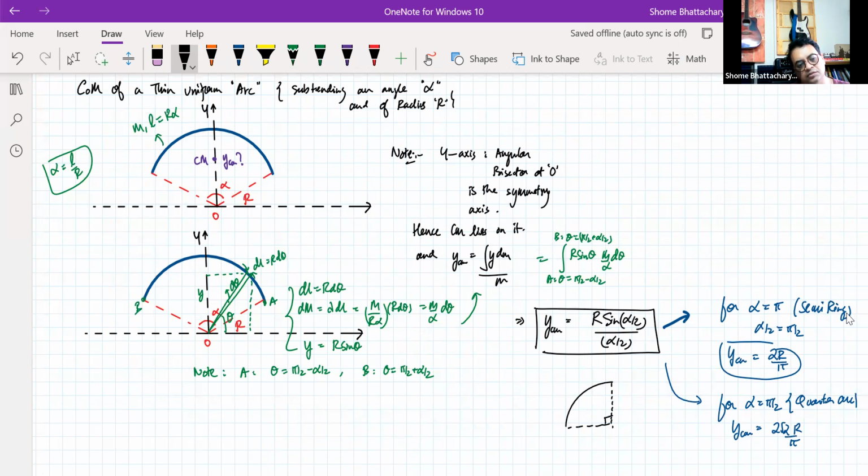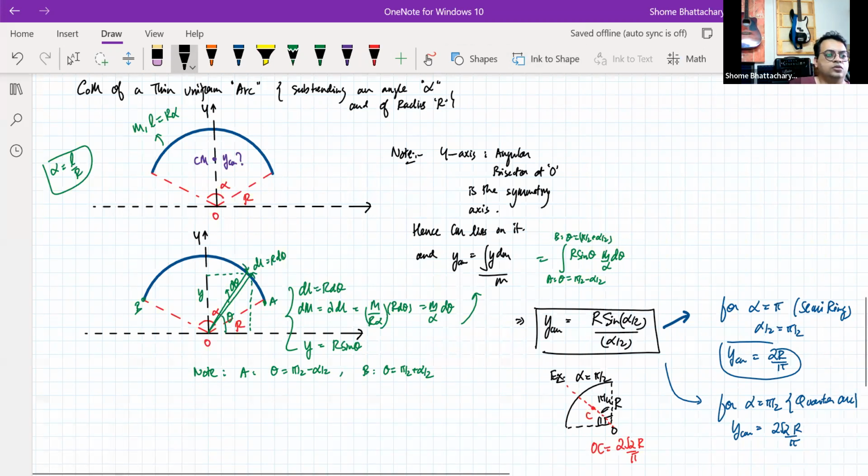So this angle is pi by 2. Its center of mass will lie on this 45-degree line, at a point such that OC will be equal to this, and this angle is equal to this angle, pi by 4. Okay, so just make a note of this also.